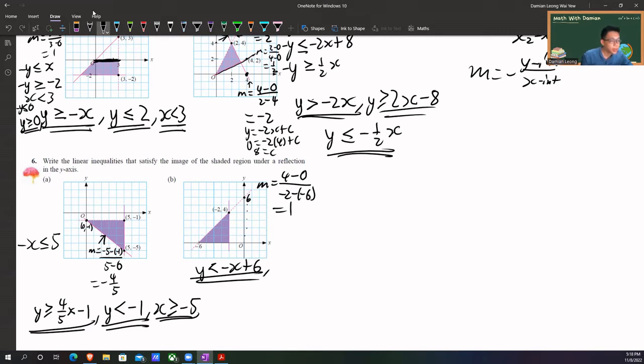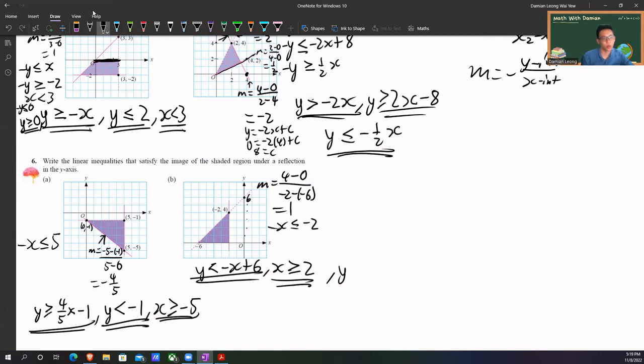Okay, then this vertical line is x equals -2. To the left means less. Solid line, that's equals -2. Put negative on the x means cancel the negative, inequality changes direction. Y more equals 2. Okay, and horizontal line here is y equals 0.